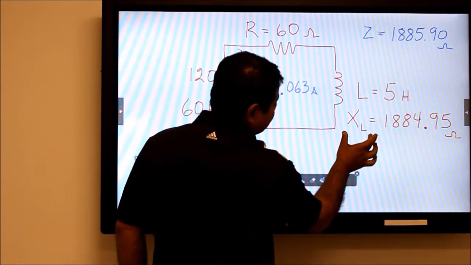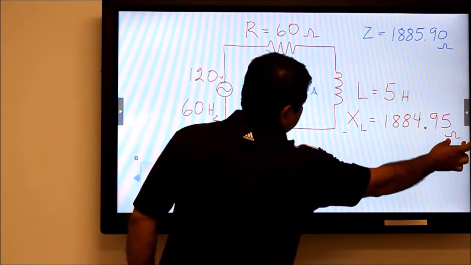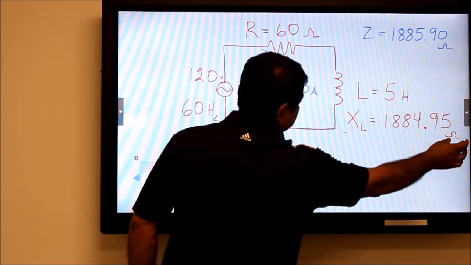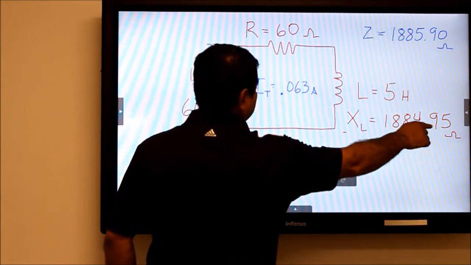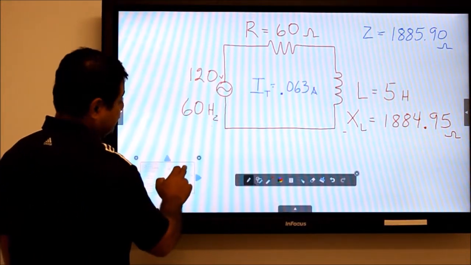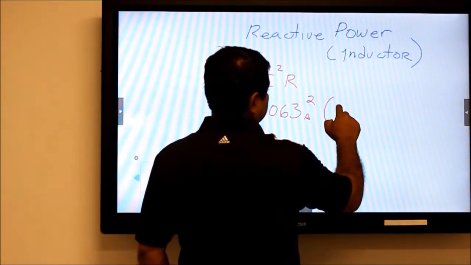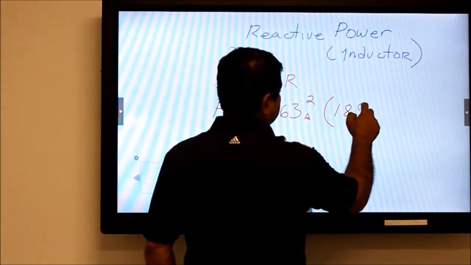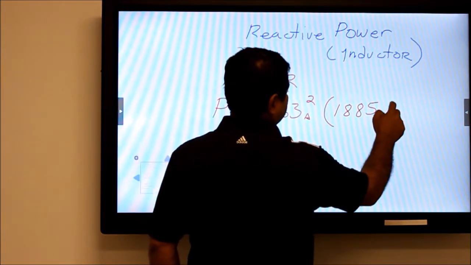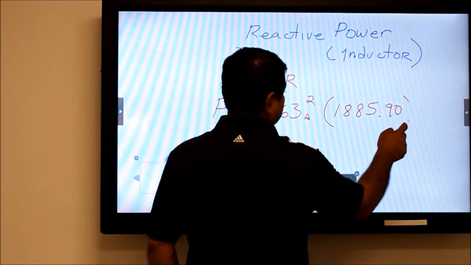Even if you don't recognize the title of the value, you should recognize the units since we're doing the ohmic value. So it's 1884.95 ohms. And you replace that over here. 1885.90 ohms.